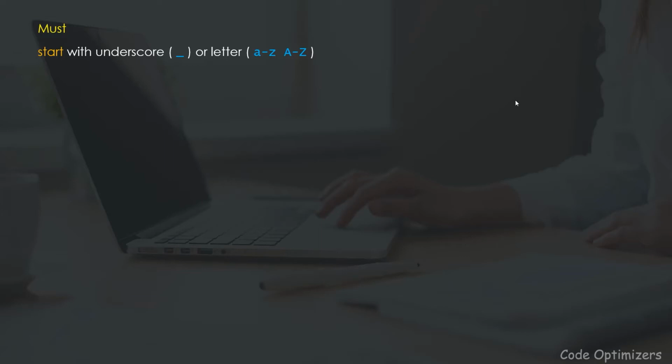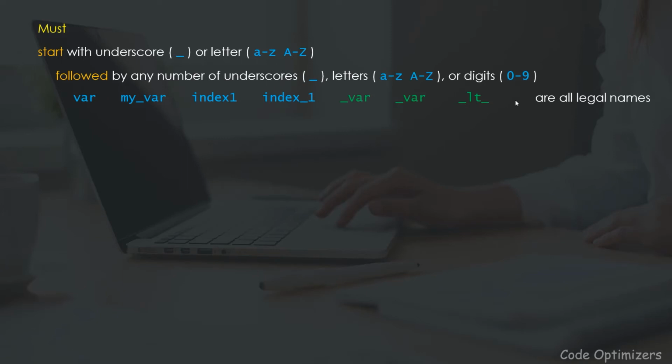So for example, myvar, index1, index_1 are all legal names. _var is legal as well. Double underscore var, or dunder var, is also legal, as is dunder lt dunder.